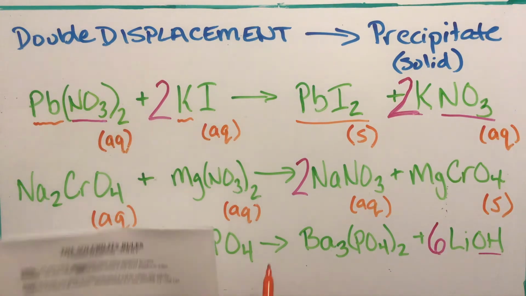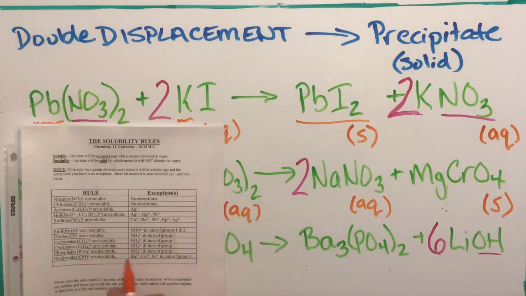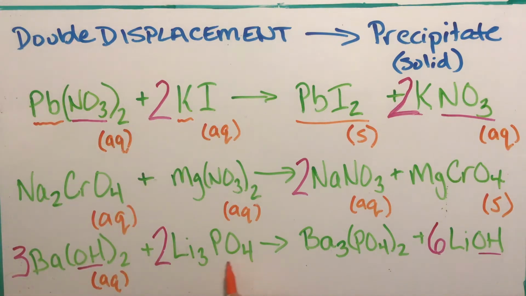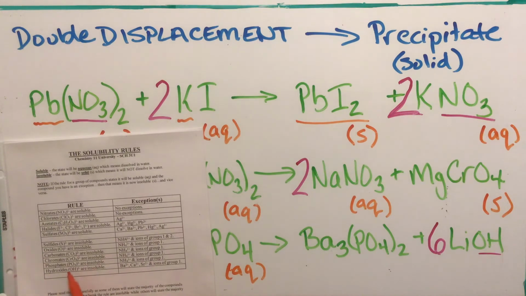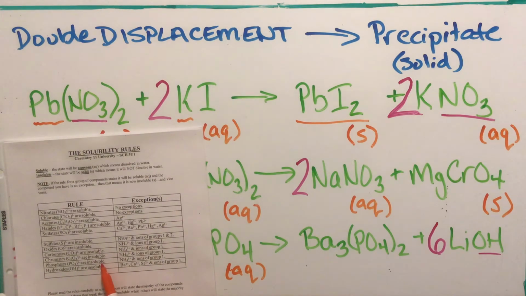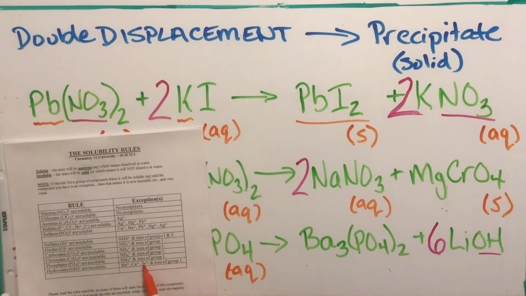For phosphates, it says phosphates are insoluble but except with group 1. So this would be a solid, but lithium is in group 1. So it's not a solid, it's aqueous. If we look again quickly at the rules, phosphates are insoluble except with ammonium, that's not ammonium, or group 1.